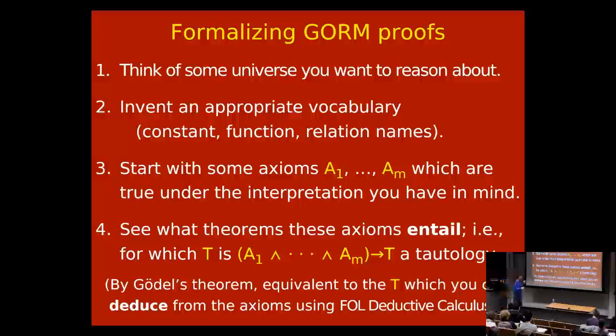And then you start by just writing down some sentences which are not necessarily always true, but you're just positing that they are true in your interpretation you have in mind. So you might write down some axioms that say things like addition is associative, and addition is commutative, and multiplication distributes over addition. So you write down some sentences that are true for the interpretation you have in mind.